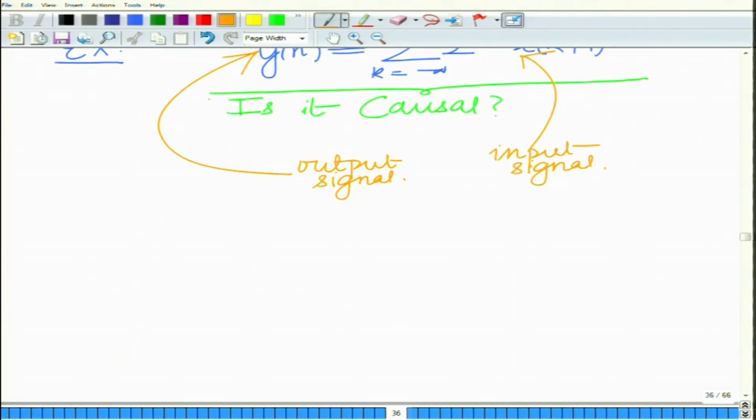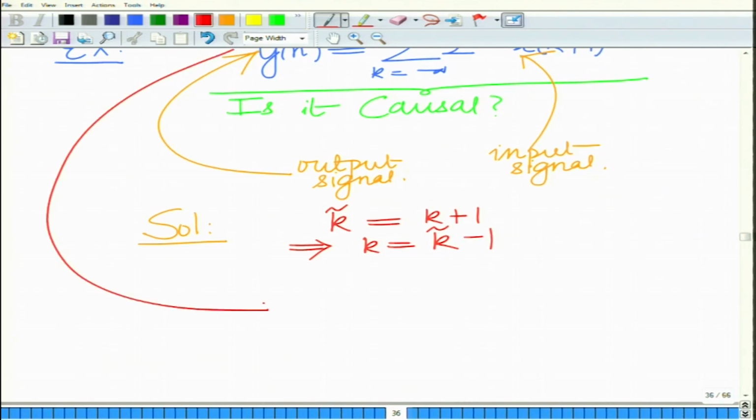Now, you can see I can rewrite this, so the solution will be to rewrite this as y[n] equals... Now set k tilde equals k plus 1, which implies k equals k tilde minus 1.